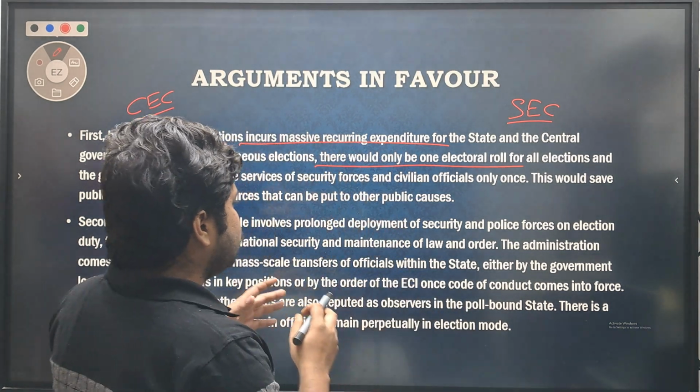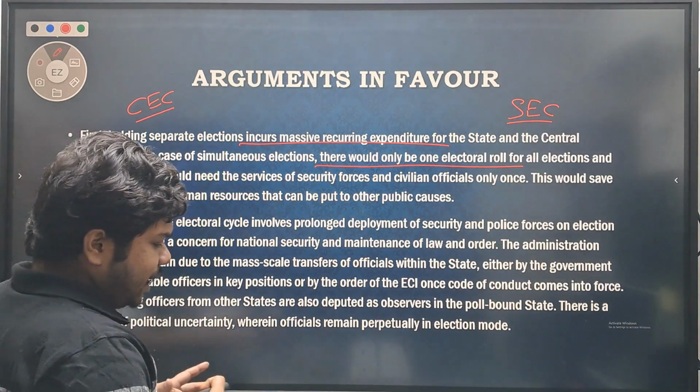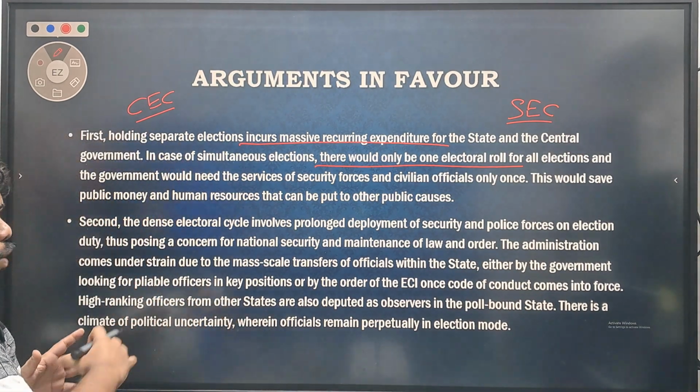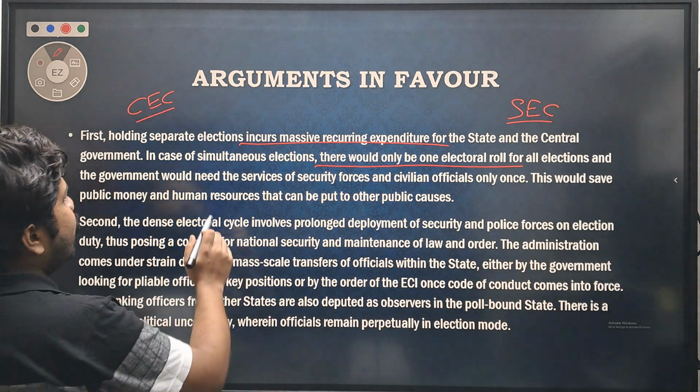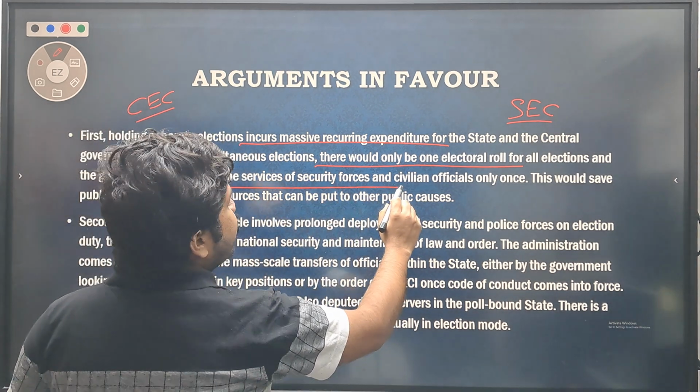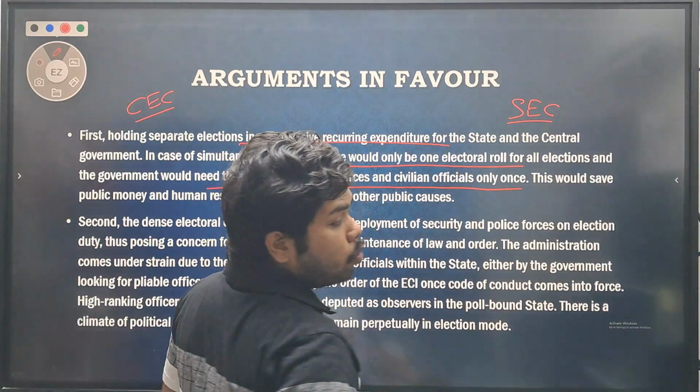So if we take the process of one nation, one election, there would be only one electoral roll for all elections, and the government would need the services of security forces and civilian officials only once.